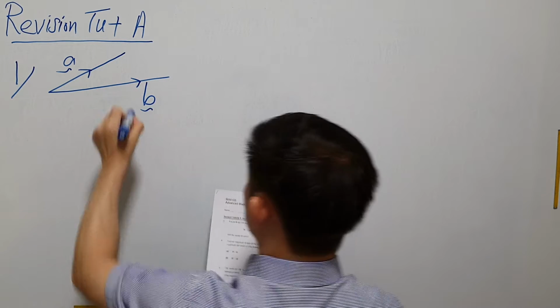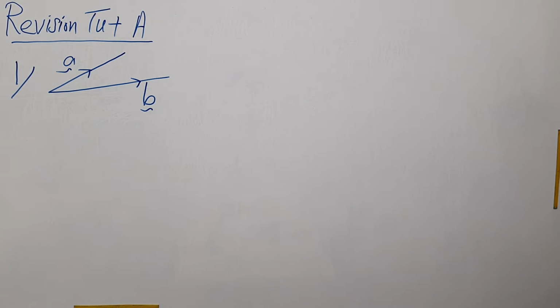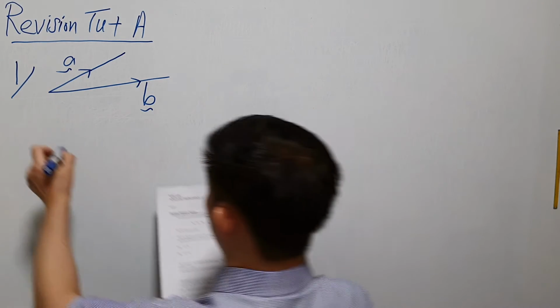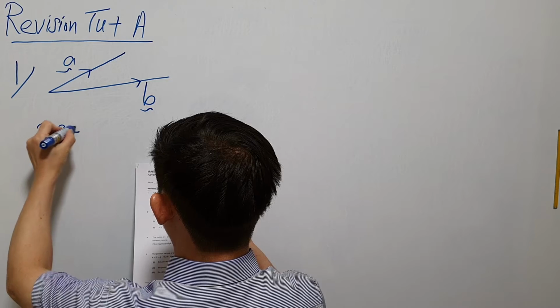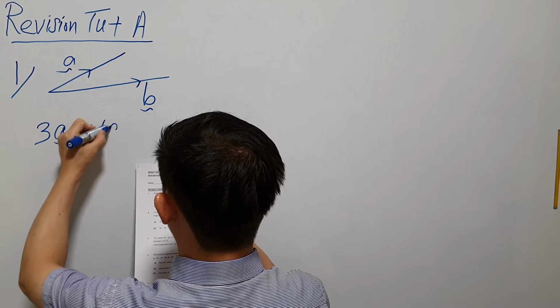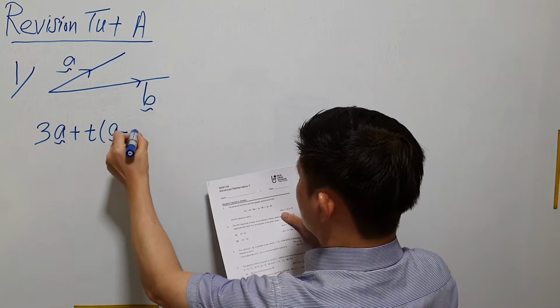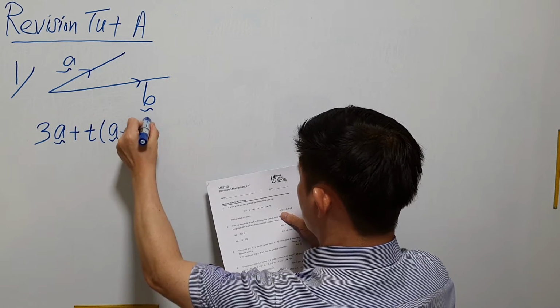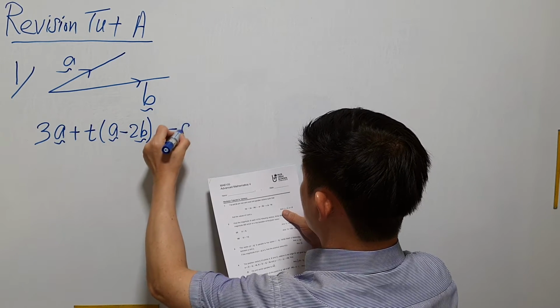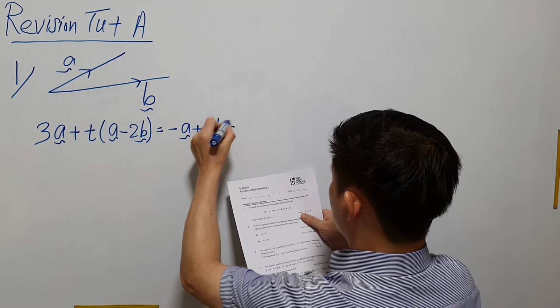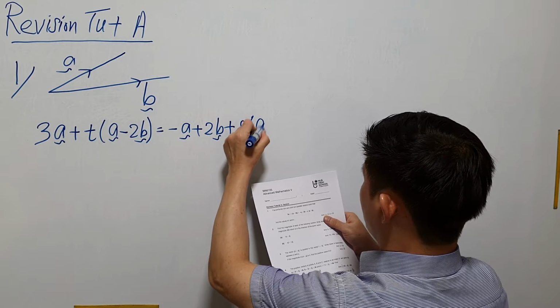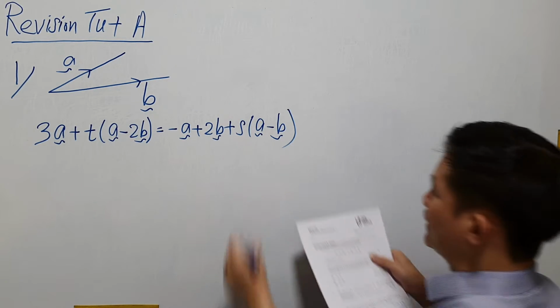You have two vectors which are non-zero and non-parallel, and you're given a condition about the vectors A and B in the form of an equation: 3a plus t of (a minus 2b) is equal to minus a plus 2b plus s of (a minus b). Right, given this condition.